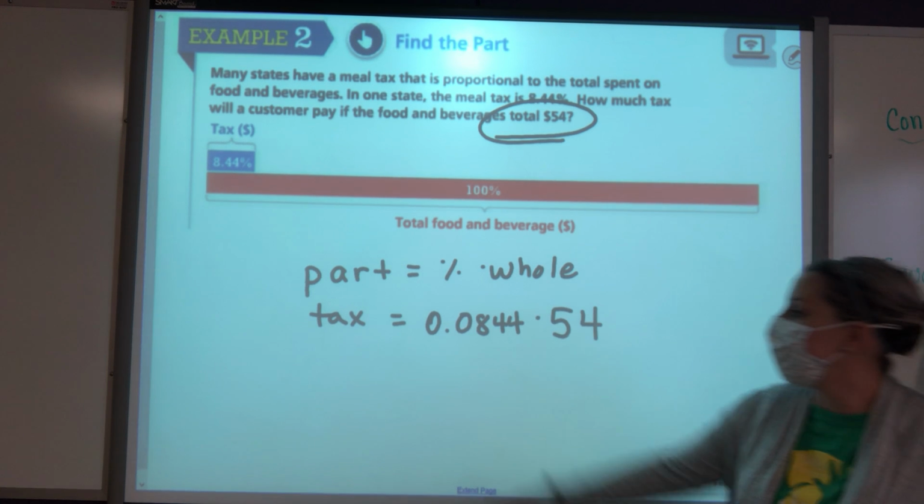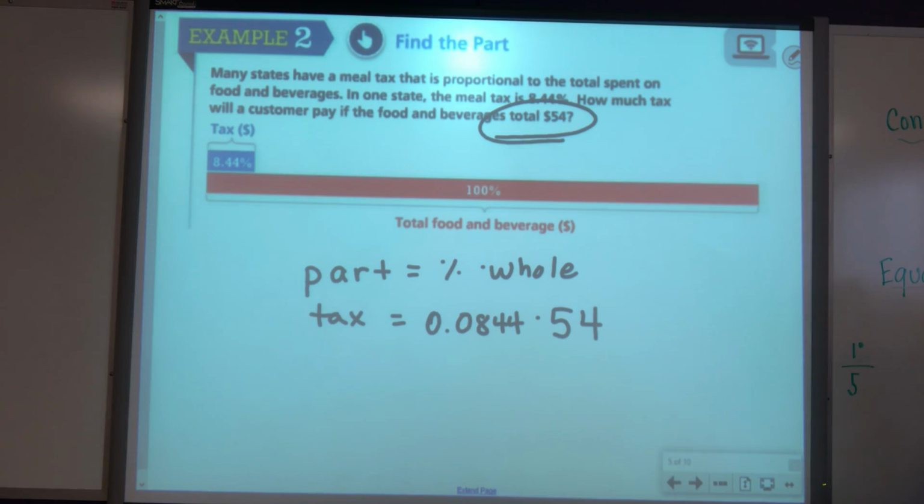Okay. So when we multiply, how much tax are we paying on our food bill?